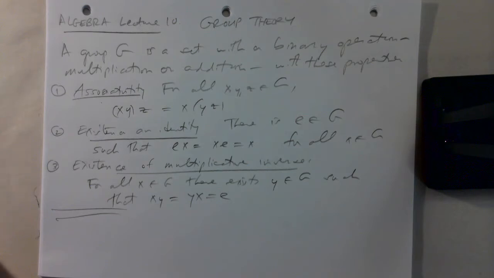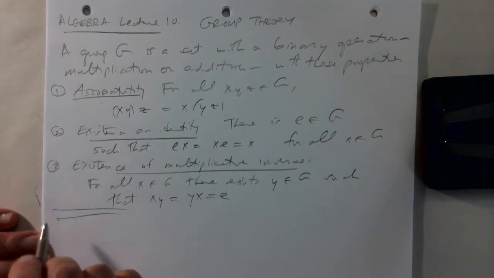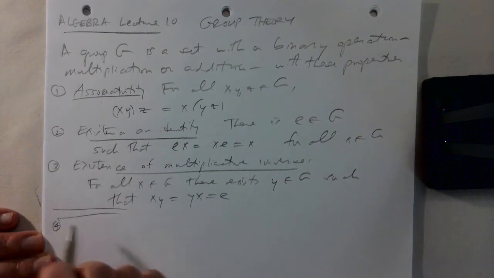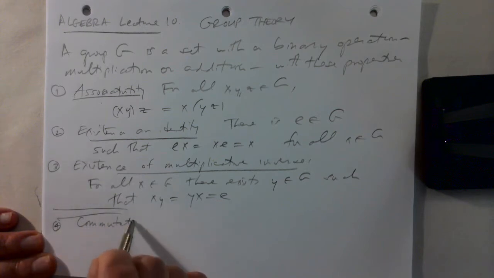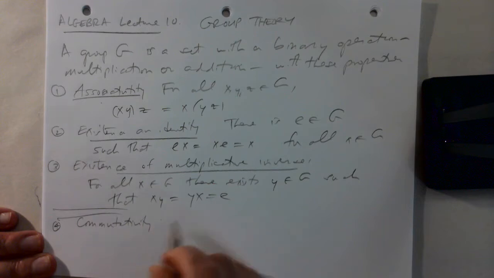So any set with a multiplication that is associative, with a multiplicative identity and multiplicative inverses, that's a group. Now, some groups have an additional property, which is called commutativity.